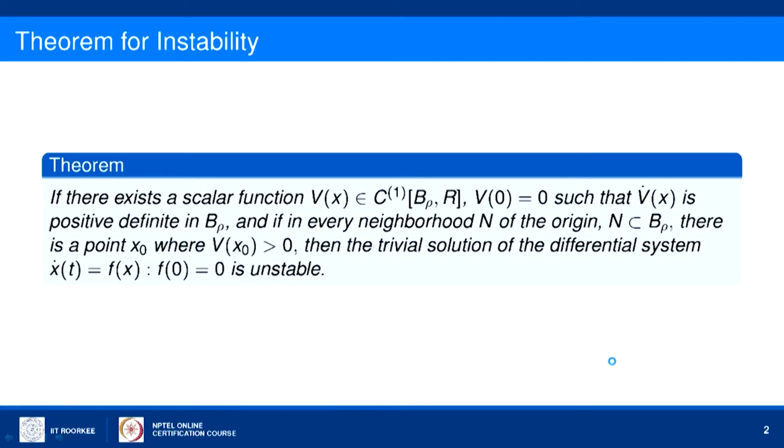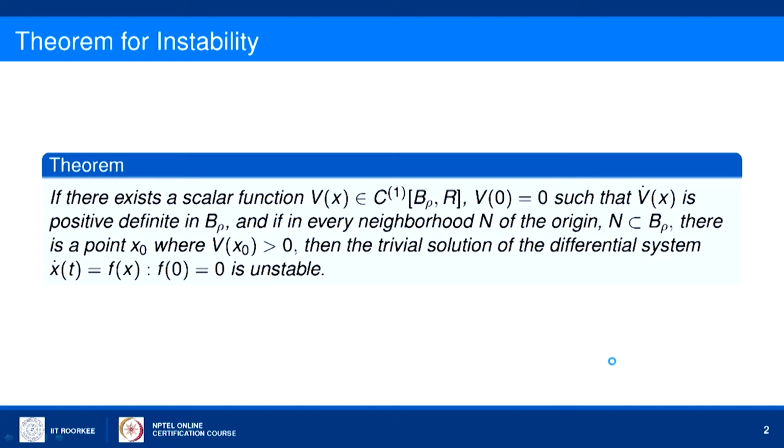So, now we will come to the following theorem on instability. Here, if you can find a function v of x which is continuously differentiable in the ball of radius rho, and v of 0 equal to 0, and it also satisfies dv by dt is positive definite in B rho.